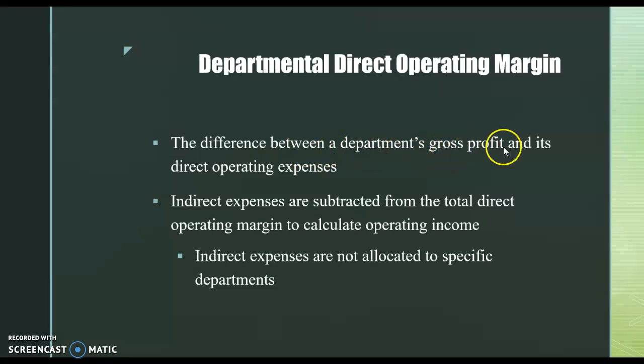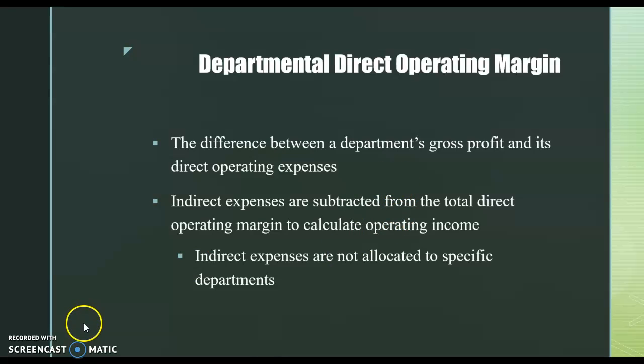If we take the gross profit and subtract out the departmental direct expenses, we get departmental direct operating margin. Then from that, if we just subtract the total of the indirect expenses without bothering to allocate them, we would still come up with the operating income.